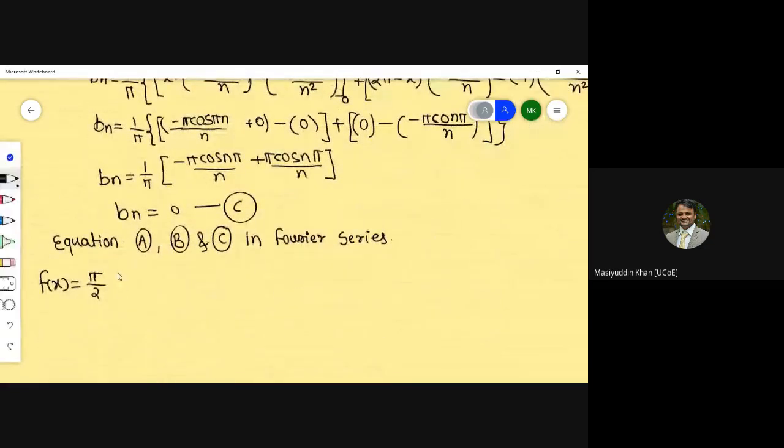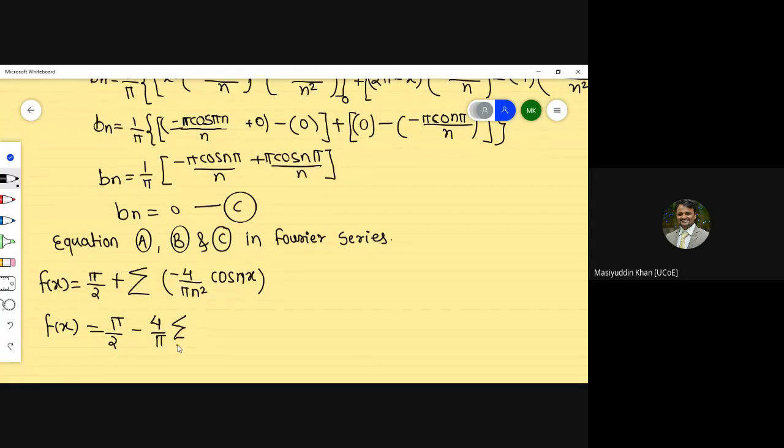So plus summation of an is -4 by pi n square into cos of nx. अब यहाँ से आपको फाइनल रिजल्ट मिल जाता है, f of x equal to pi by 2 minus 4 by pi into summation of n equal to 1 to infinity cos nx upon n square. और ये हमारा फाइनल रिजल्ट हमको मिल जाता है.